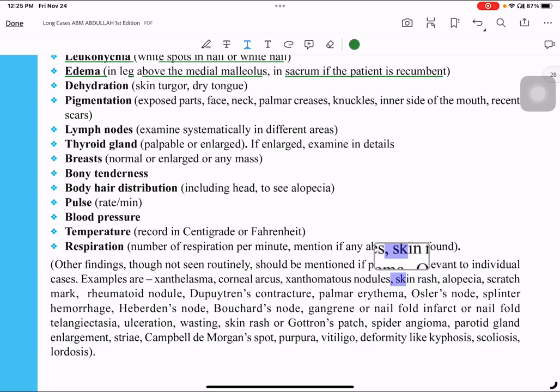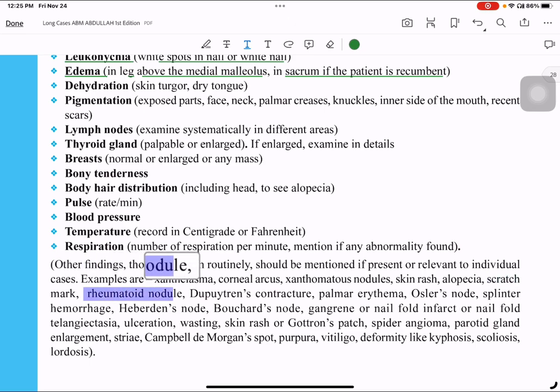So skin rash is very important before going to a diagnosis. Then alopecia will indicate some disease. Then scratch marks indicate the patient may have some jaundice or obstructive jaundice.